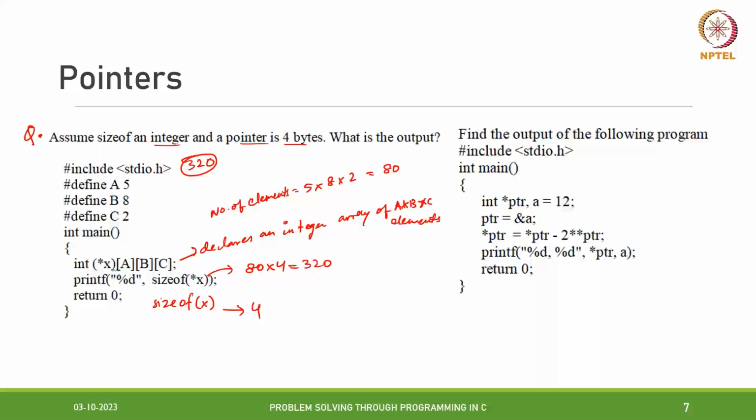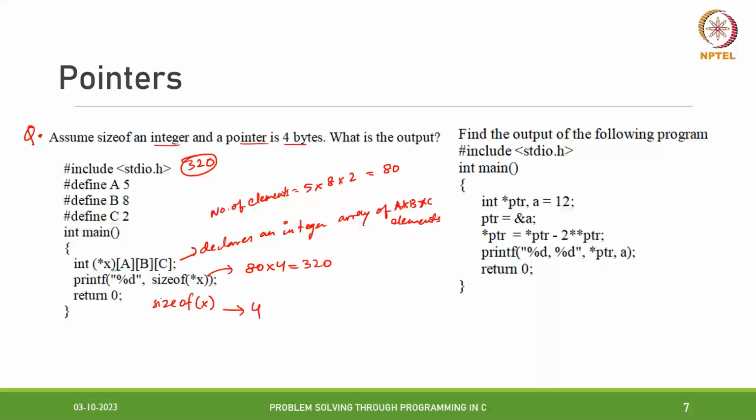So it is only the size of 4, but star x will give me the entire array. So I think there would be a difference. You can try this out, but if you remove the parenthesis and the star, write only x and write sizeof(x), it will give you 320.